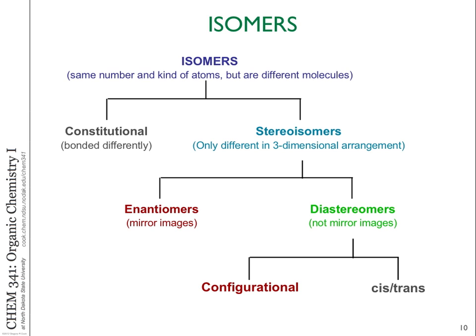Since this is 2 to the power of the number of stereocenters, the more stereocenters you have in your molecule, the more possible stereoisomers at an exponential rate could occur. Okay, so glucose. If you remember the structure of glucose, how many stereocenters were in glucose?